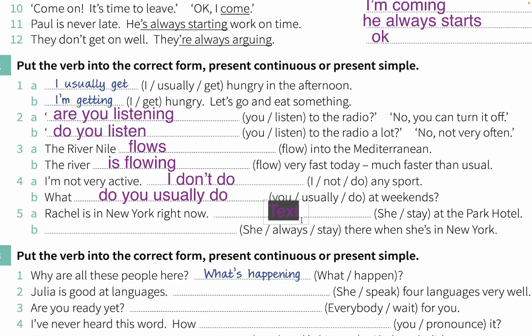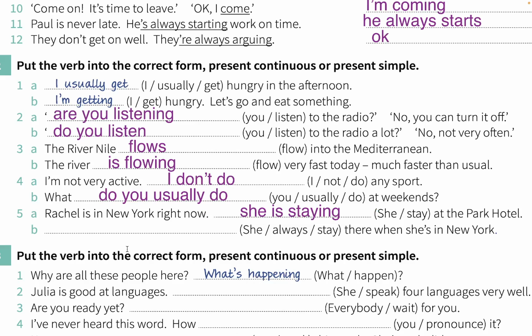Yes. So she is staying. She is staying. Why do we use the present continuous?